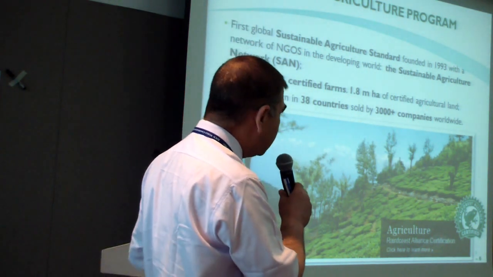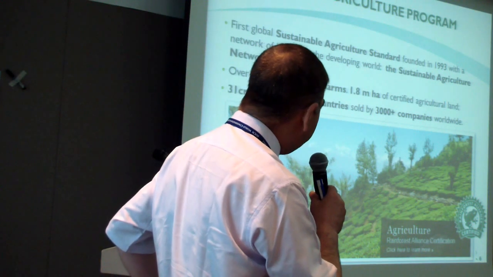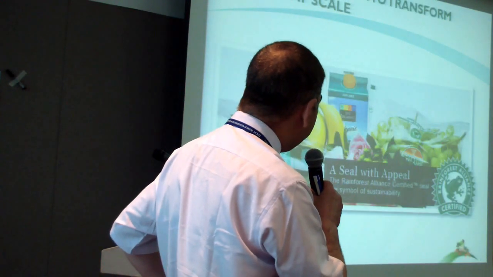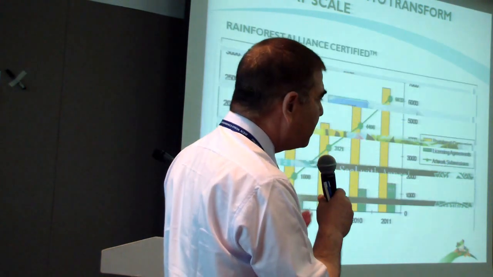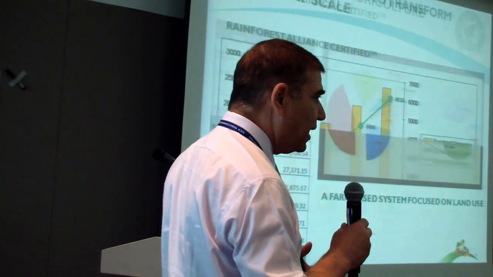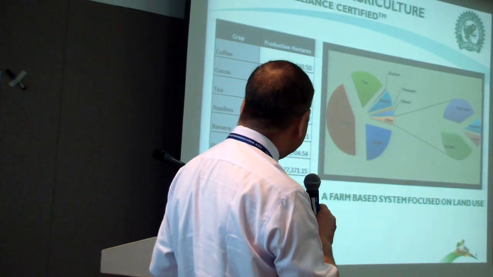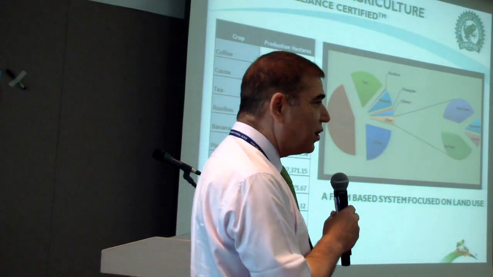The Sustainable Agriculture Program is one of the longest, and as I said, we have come a very long way. We particularly have grown very significantly over the past few years. One of the major planks of delivering sustainability is through certification. Much of our work is in tea, cocoa, and coffee.